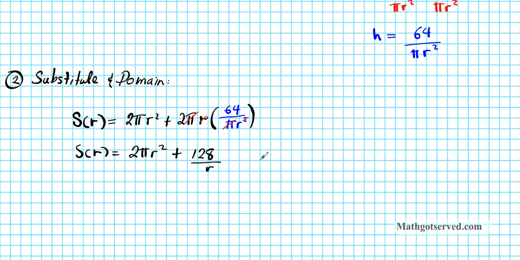Okay, next thing we have to do is we need to state the domain of this function. So let's write it down, domain. So this is the function and then domain. Now, first thing you can notice off the bat is that there is an r in the denominator here, which means that r cannot be 0. Okay? Now, can r be negative? Let's take a look at the situation.